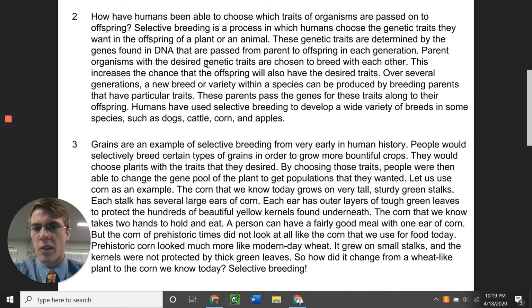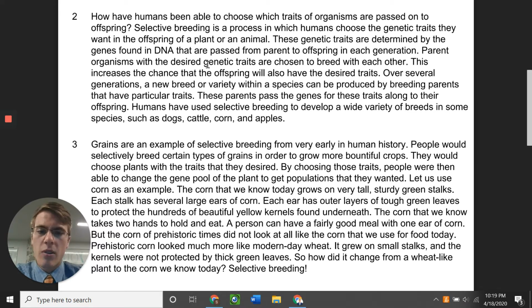Parent organisms with the desired genetic traits are chosen to breed with each other. This increases the chance that the offspring will also have the traits. Over several generations, a new breed or variety within a species can be produced by breeding parents that have particular traits. These parents pass the genes for these traits along to their offspring.